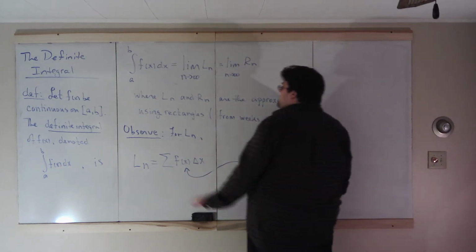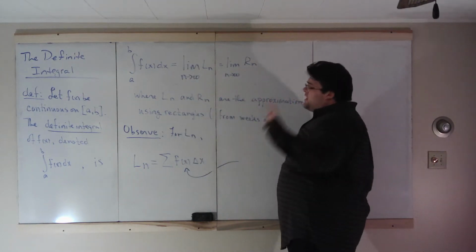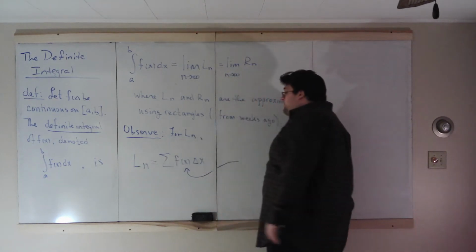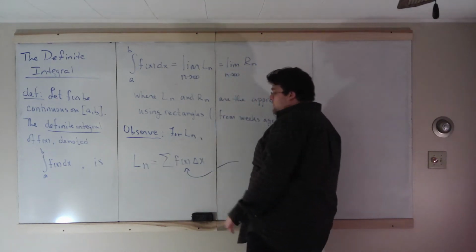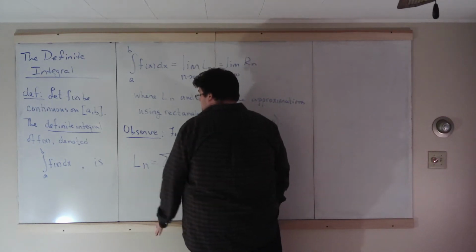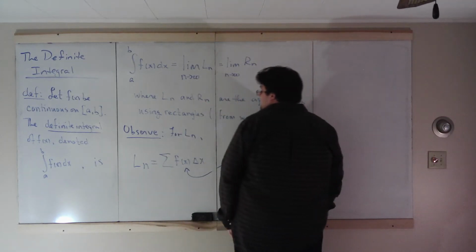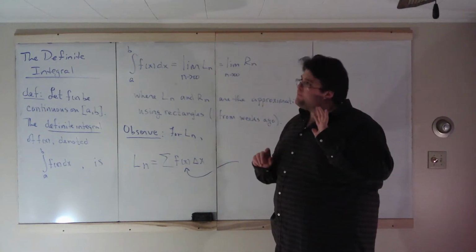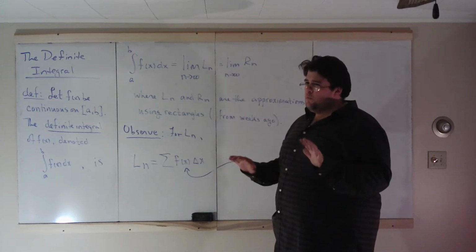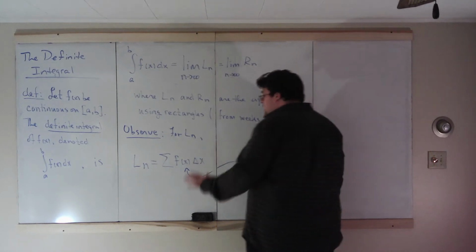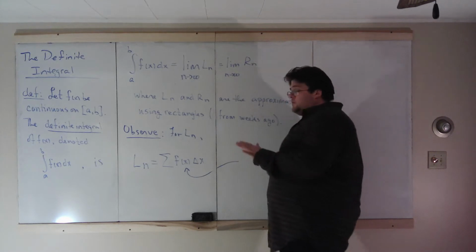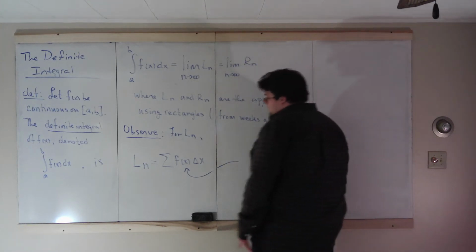I'm going to make this observation about Ln. It'll be the same for Rn. But for Ln, remember that the actual formula for the approximation with n rectangles was a sum. The indexing won't make this more clear, so I'll be a little informal in the discussion of this for illustrative purposes.